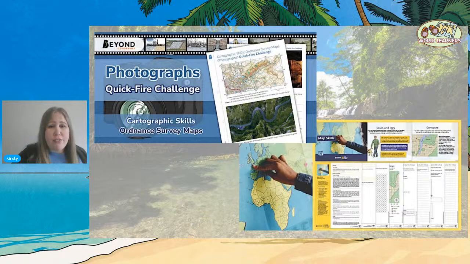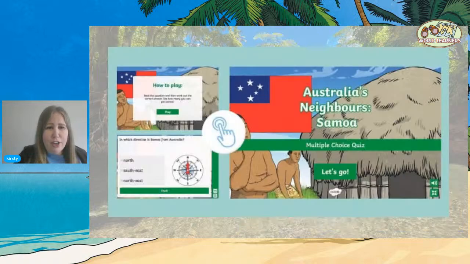There's one there from Beyond, if you're ready to take it up to the next level. And the other pack there is actually a Children in Need special pack, and it's about planning an expedition. If you're on an expedition with someone with a disability, how you would need to adapt to that. So how you need to study the maps to prepare for your expedition to make sure you're both able to do it. So that's a really interesting one to have a go at.